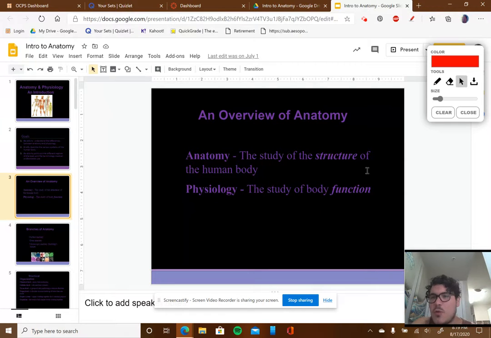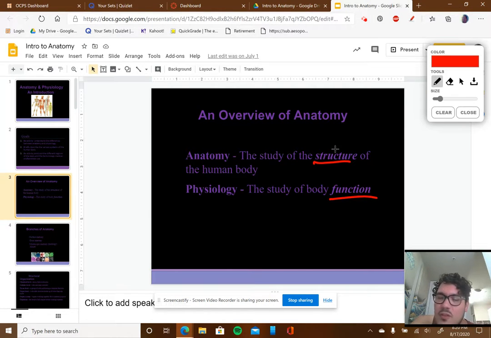Okay, simple, straightforward. What is anatomy? What is physiology? Well, anatomy is going to be the study of structure, whereas physiology is going to be the study of function. In layman's terms, anatomy is more of the what is it, the physical aspect of it, whereas physiology is more of the what does it do, how does it do it, the purpose of it, its function.